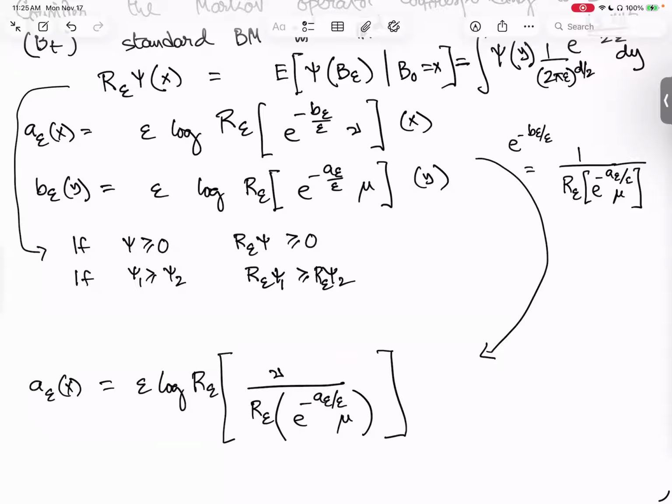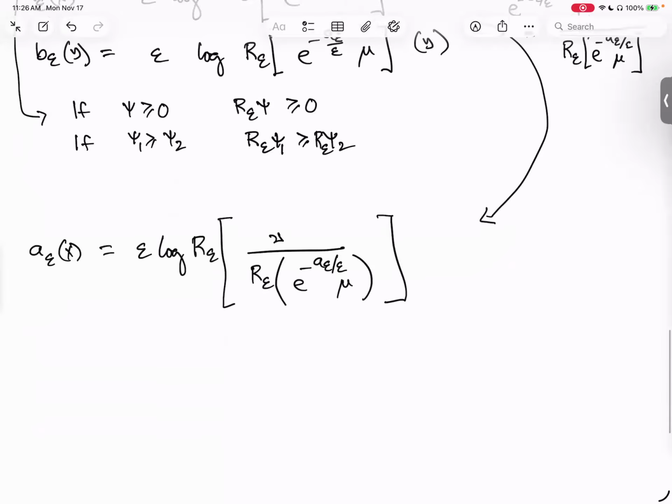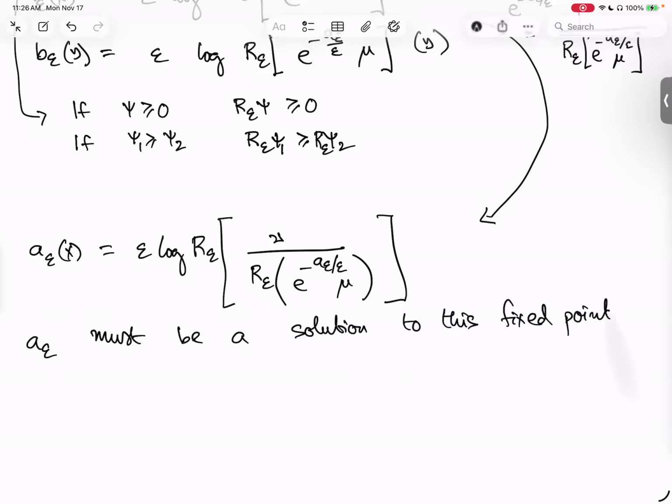And so what I get from here is that a epsilon must be a solution to this fixed point problem. And this is what both Sinkhorn and the IPFP equation are based on.